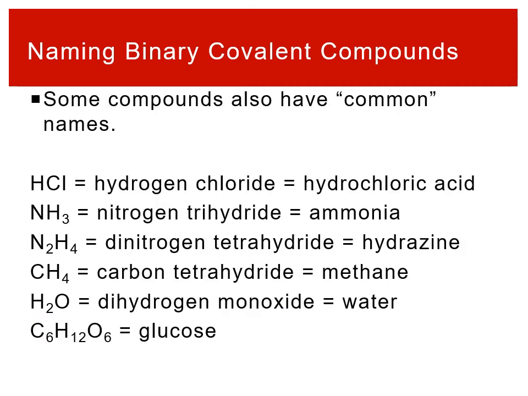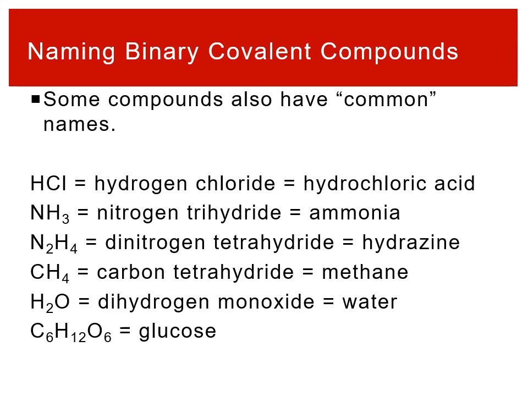So those are binary covalent compounds. There are a lot of covalent compounds that aren't binary, and so they can't have names like that. And even some that are binary covalent have what we call common names that are much more commonly used, or just historical names. So HCl would technically be hydrogen chloride, but in some contexts, especially when it's in water, we call it hydrochloric acid. NH3, nitrogen trihydride, is more commonly known as ammonia.